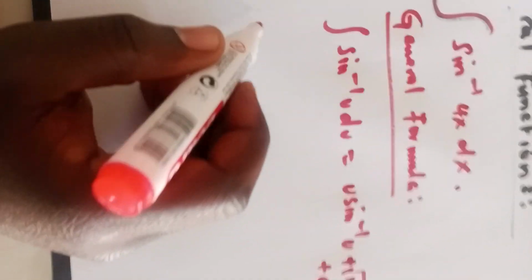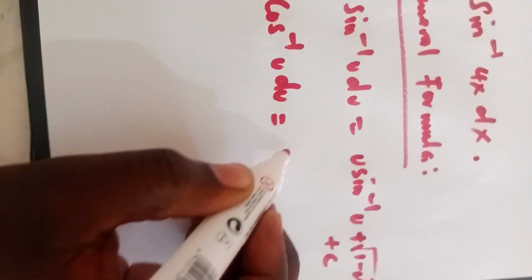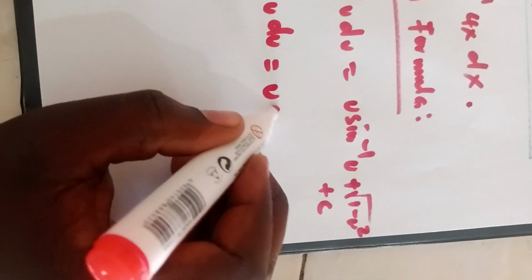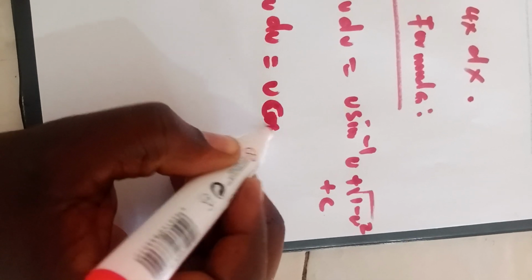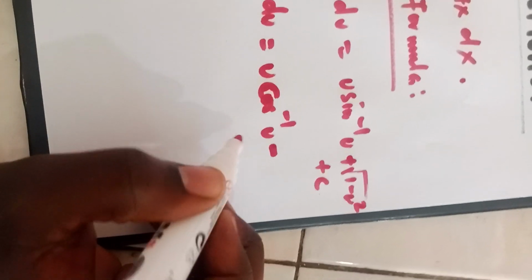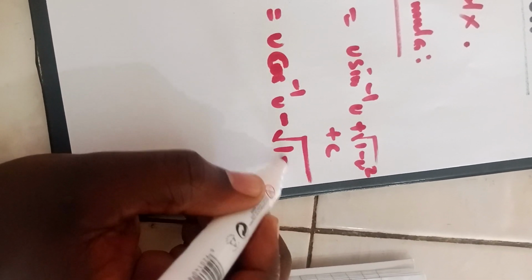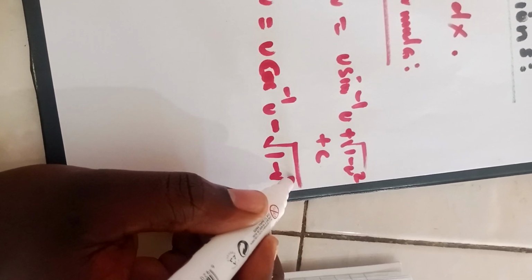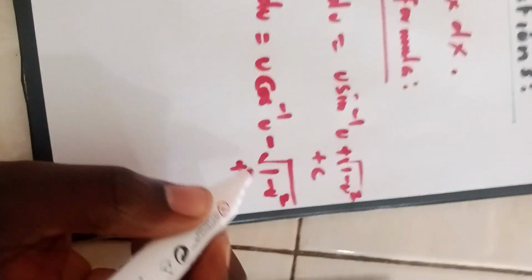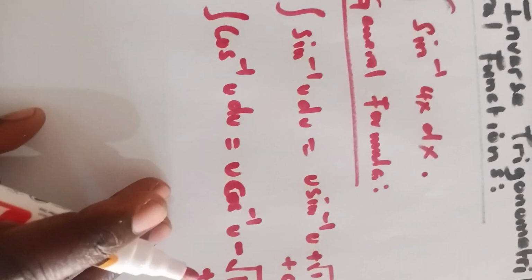So the generic formula for cos inverse produces this answer: u cos inverse u minus the root of 1 minus u squared plus c. We're adding a c because these are indefinite integrals.